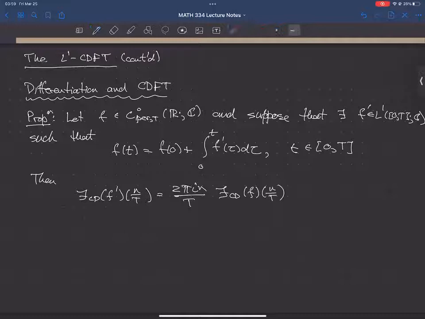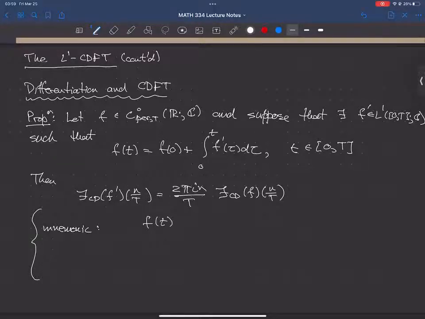Okay, so there's a mnemonic for remembering this formula, and this isn't the proof. Okay, so remember the idea when we were talking heuristically about what the CDFT was.